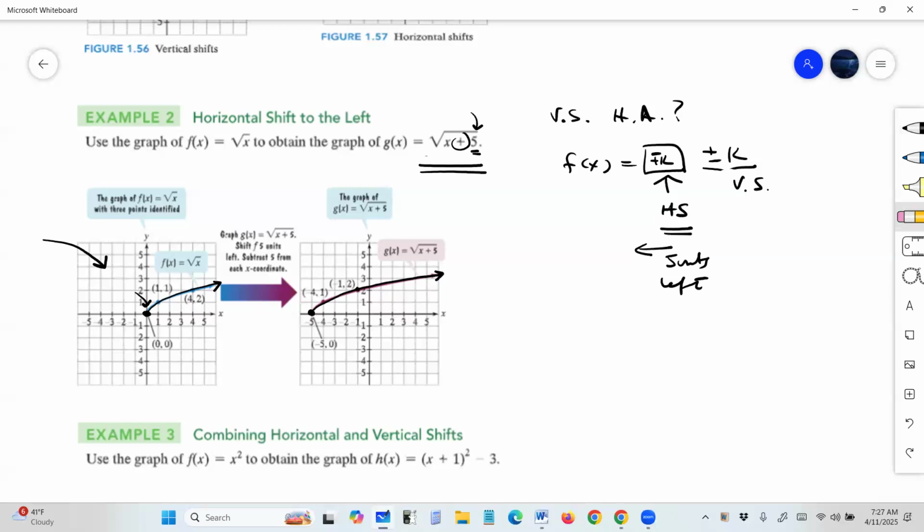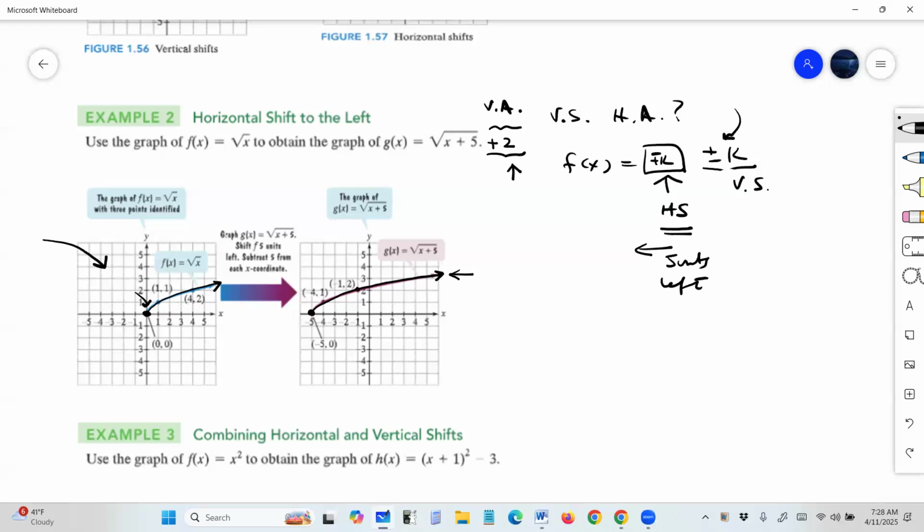Now, normally in these questions we have multiple transformations at the same time. So for example, let's say I had this function here and then plus 2 outside. This is a scenario like a vertical shift. After you move the graph here, you can do the vertical shift, and because it's plus, it's up.